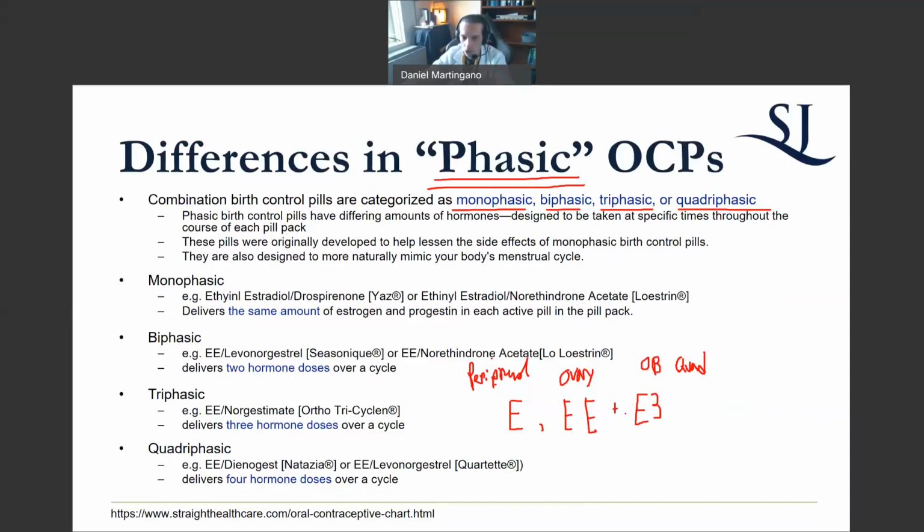Okay, that's where you see estriol. So estrone, estradiol, but here estradiol is what we're dealing with. Estradiol, and it's going to be estradiol plus some sort of progesterone. Okay.